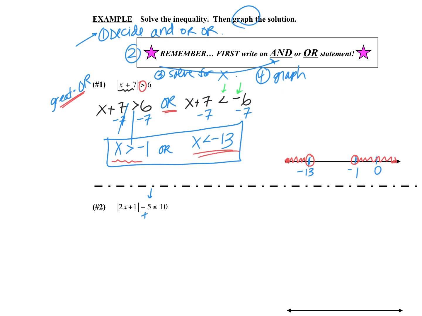It says -5, so I'm going to go ahead and add 5. And anytime I'm working with an absolute value, guys, that supersedes, that takes precedence over any ands or ors or anything else. I have to make it all by itself first. So this really says the absolute value of 2x plus 1 is now less than or equal to 15.